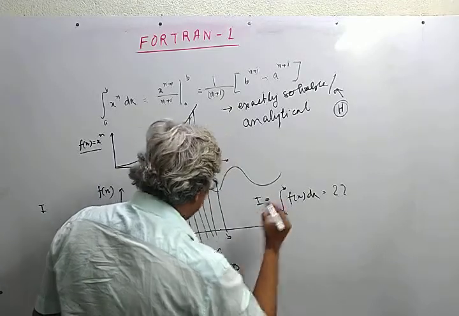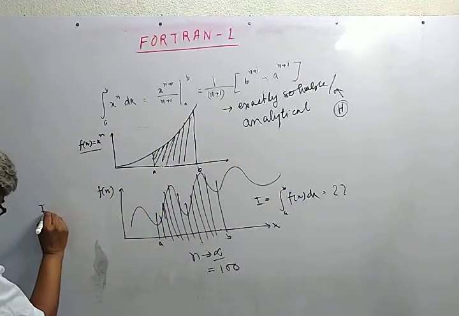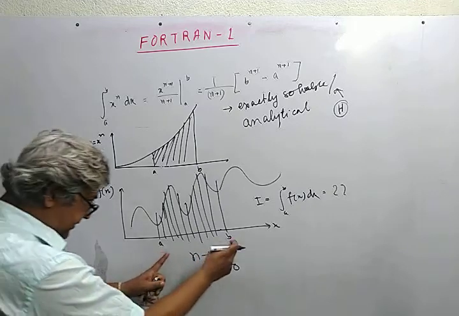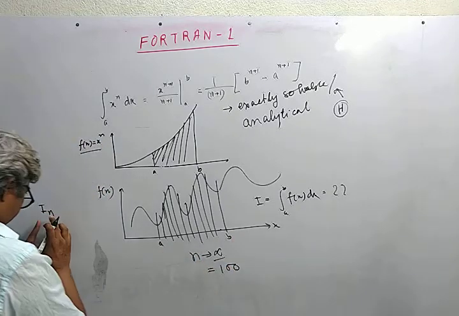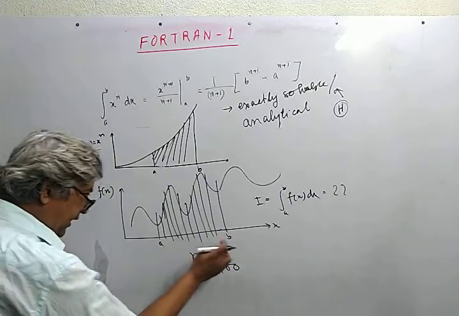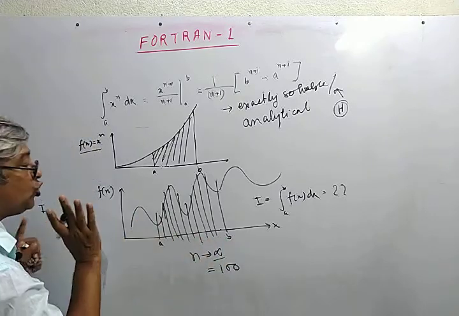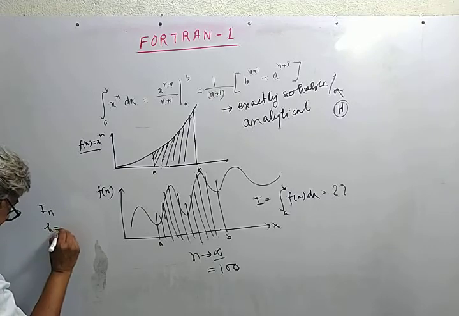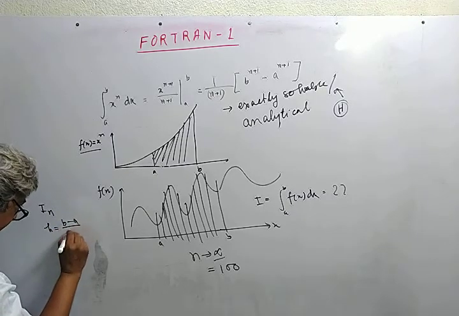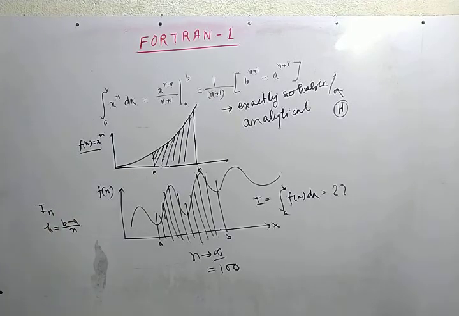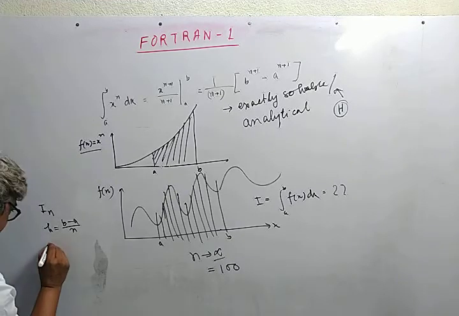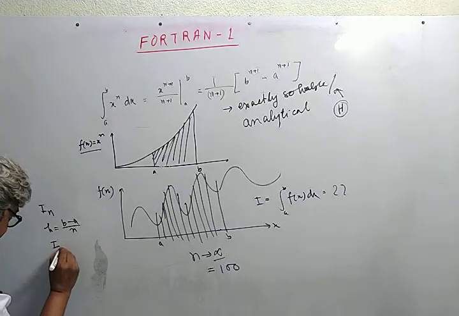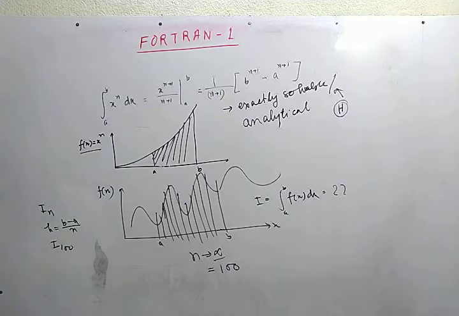I n is actually the value of this integration when we have divided the interval a to b into n equal intervals, so that the width of each interval is b minus a upon n. So we first calculate, as in the example taken, I100.